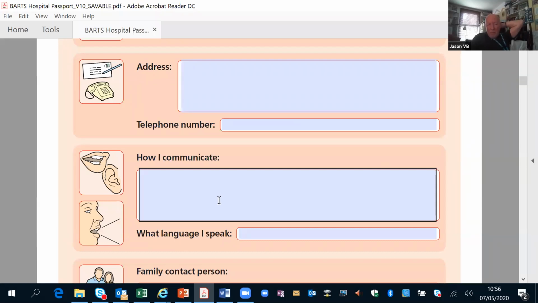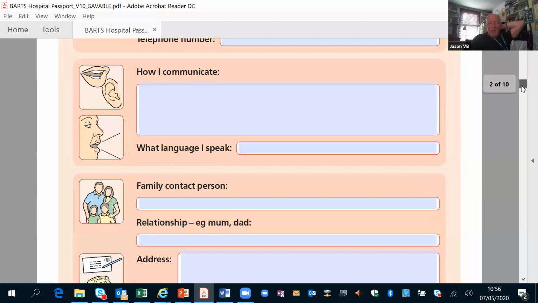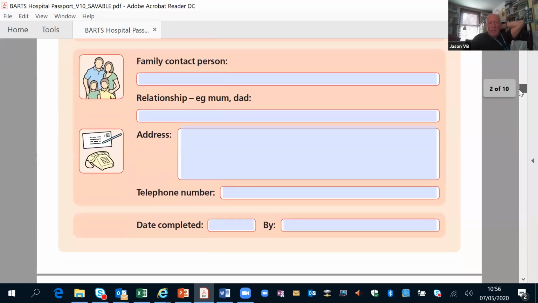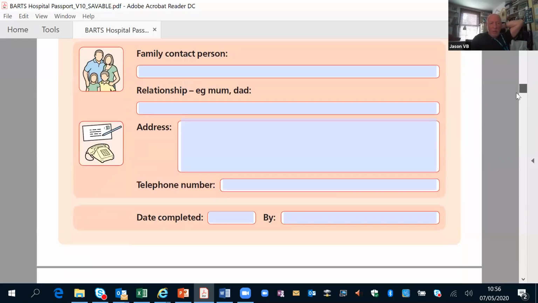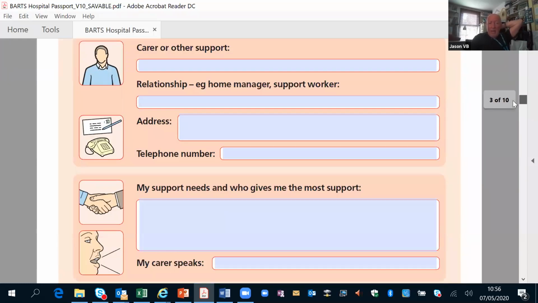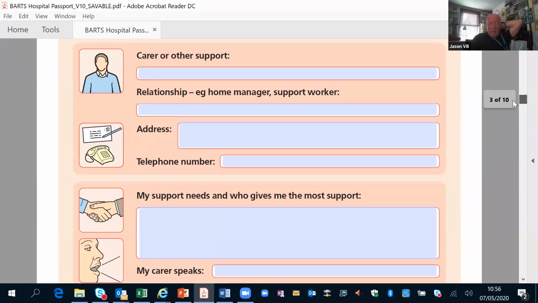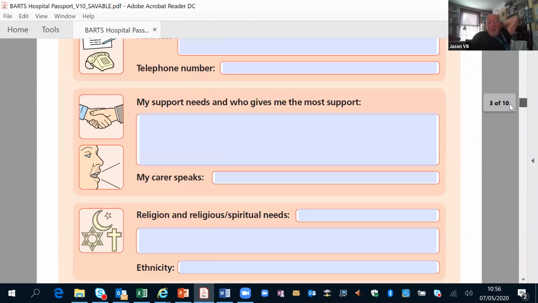It's not a massive box, but the more detail, the more personalised, the better in there. Family contact, so mum. Any carers or support workers in there that are key workers, quite good to put in there. Support needs, so you could put things in there around personal care, for example.